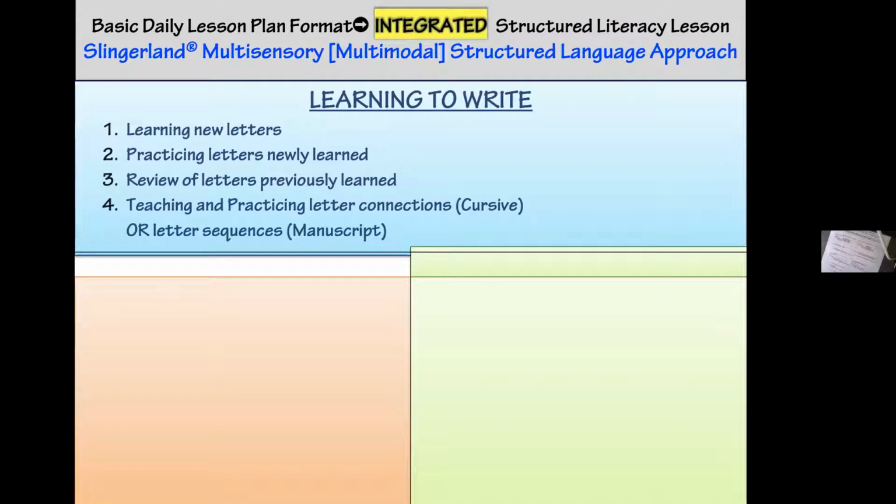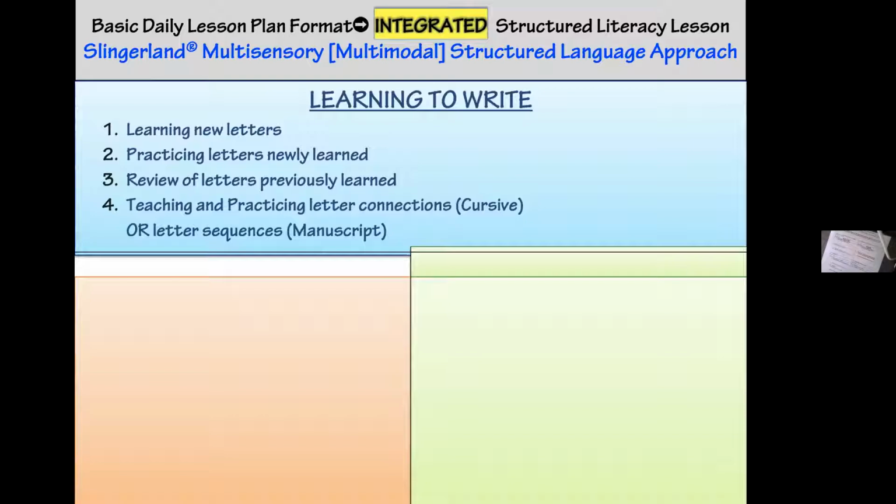So as most of you, we veterans, know, learning to write is a really important part of the Slingerland approach. Handwriting is a component, and it's where we begin. So students aren't asked to read words or to spell words with letters that we haven't taught them to write.